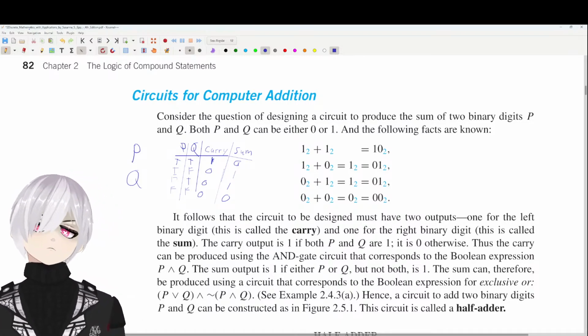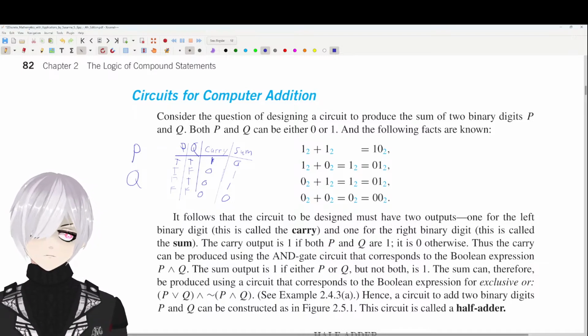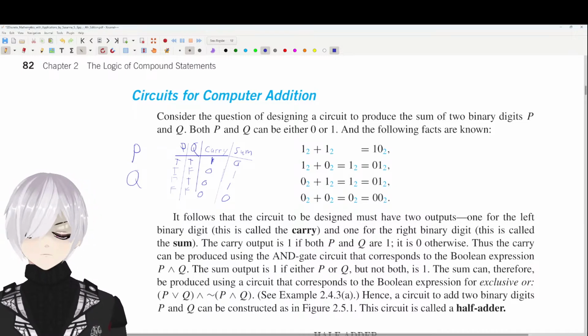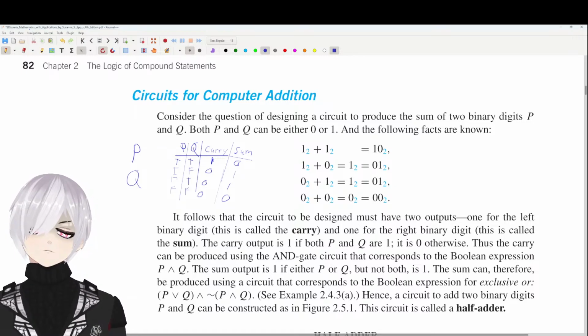So we'll have the two outputs, the carry and the sum. To get the carry, we're going to put P and Q through an AND gate because the carry is one just when both of the inputs are one, and that's how an AND gate works. And to get the rightmost binary digit, we know that it's one just when one but not both of P and Q is one.